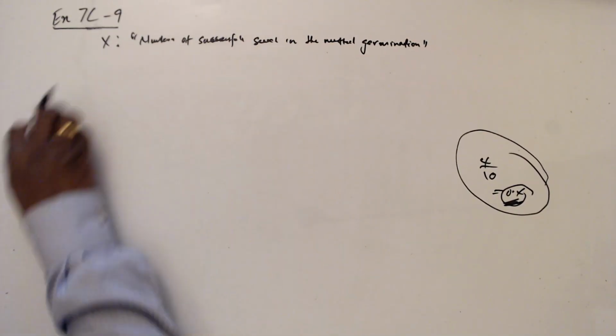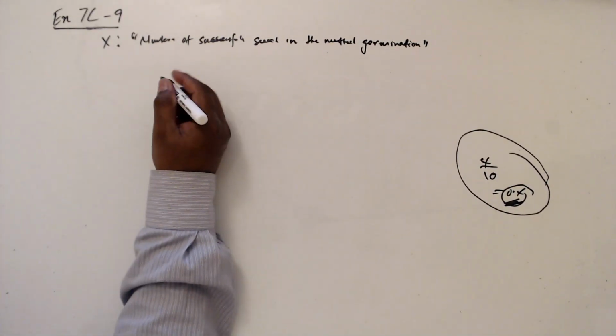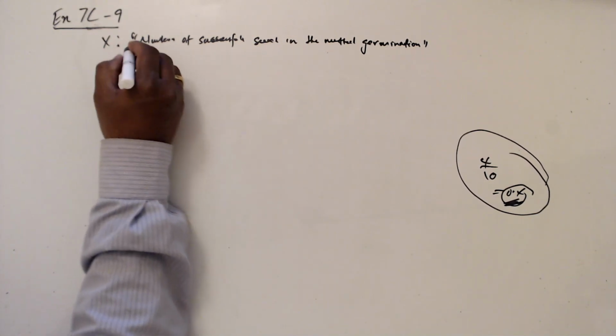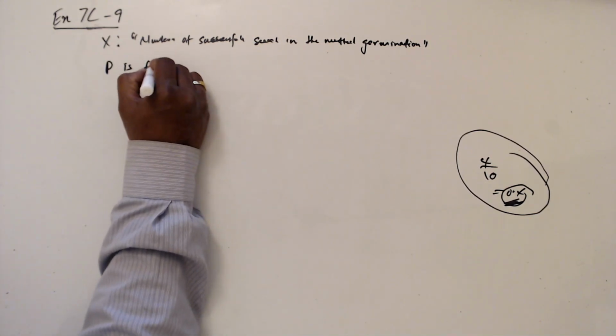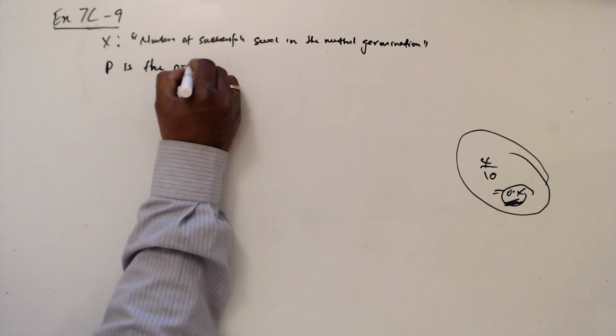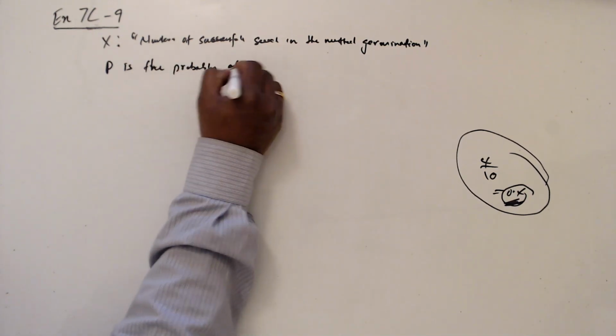We have to introduce this properly. So p is the probability of success.